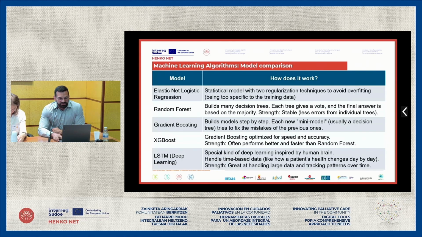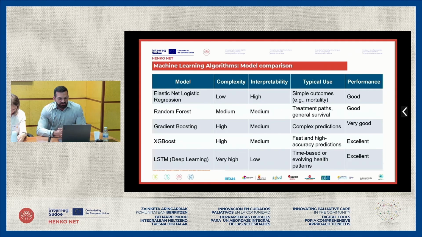So we are not talking about only one kind of model. We are talking about different kinds of technologies. And we can compare these technologies by the complexity, the possibility to interpret, and the performance. And we have a gradient from low complexity to very high, a crescent gradient for the different kinds of technology I introduced to you.